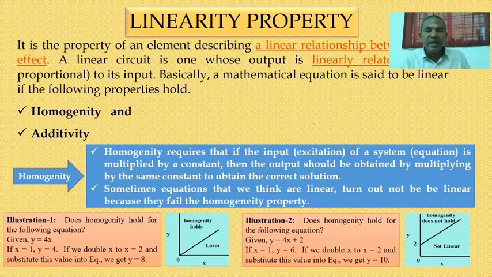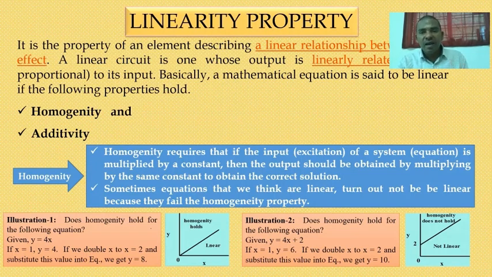In general mathematics also, if you are obeying the linearity property, you have to hold two things: one is homogeneity and another one is additivity. Homogeneity means that a constant multiplied on the LHS must also be multiplied on the RHS.